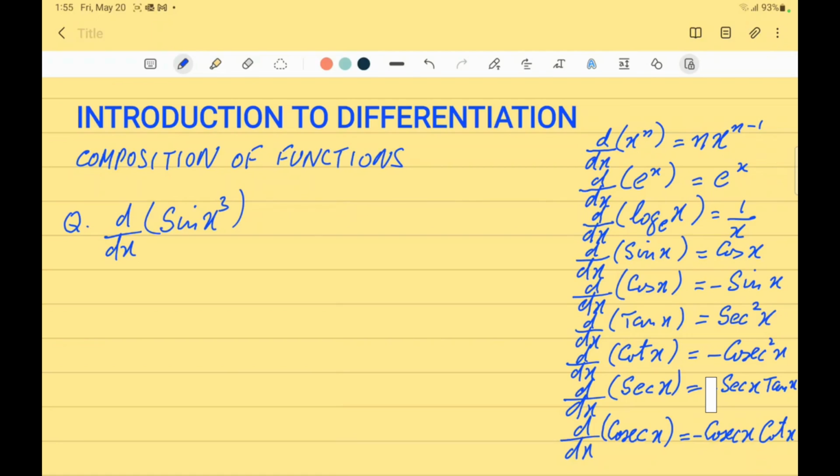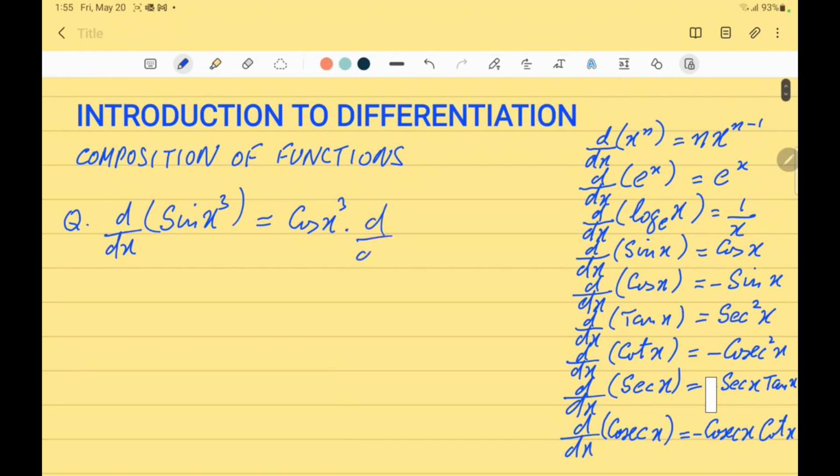Here in this case, first we will differentiate sine. First we will differentiate sine and then we will differentiate its angle as well. So it will be done as: differential of sine x cube is cos x cube, and then we have to differentiate its angle as well, which is x^3.